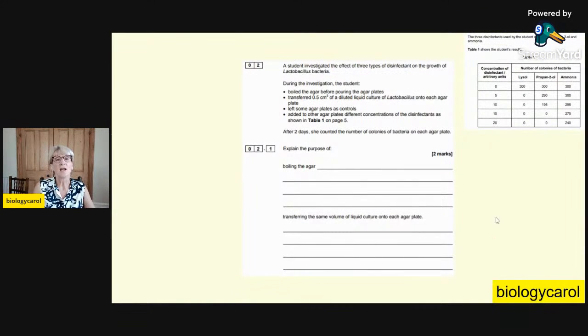Question 2. A student investigated the effect of 3 types of disinfectant on the growth of lactobacillus bacteria. And here is a summary method of what they did.